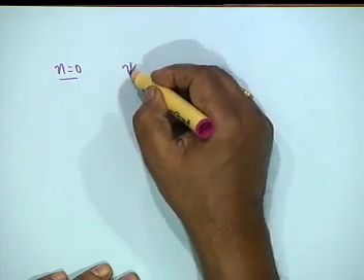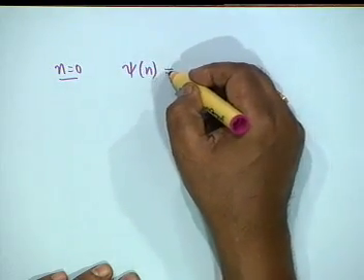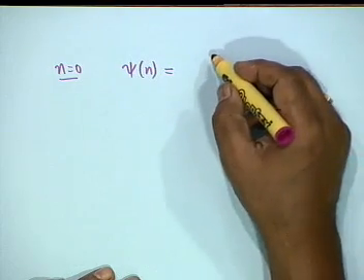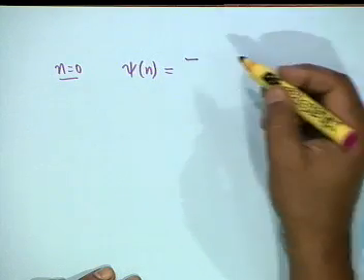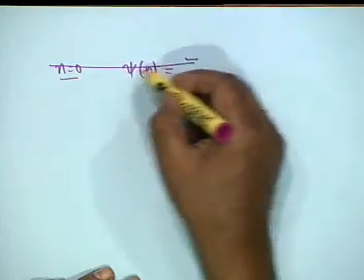To be a little more confident about this, let us evaluate this for some values of n. Let us say n equal to 0. Then what is psi(n)? Psi(n) is equal to the summation. Let us take an example instead of the general formula.